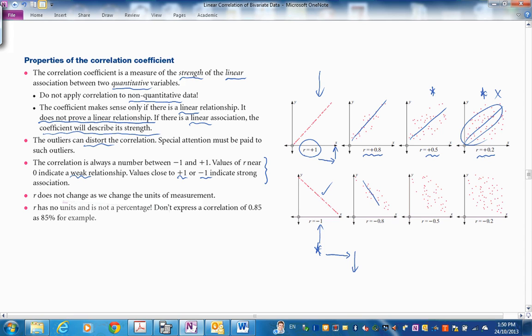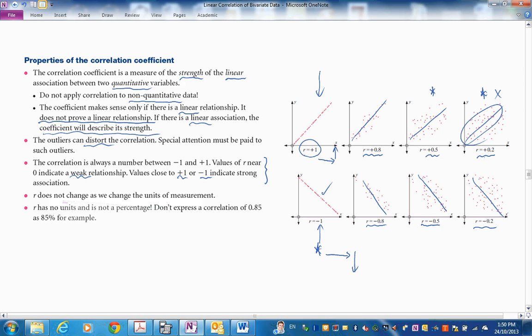This is pretty tight still, but it's negative, so R is -0.8, and then it's drifting away from a straight line, weaker correlation, and here very weak, -0.2. Okay, so closest to 1 or -1 is the strongest association between them. They form more tightly a straight line.